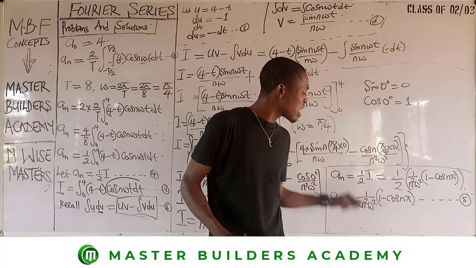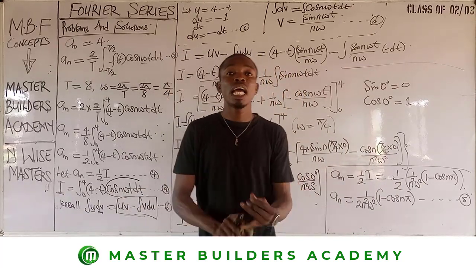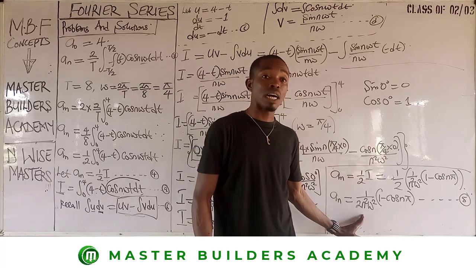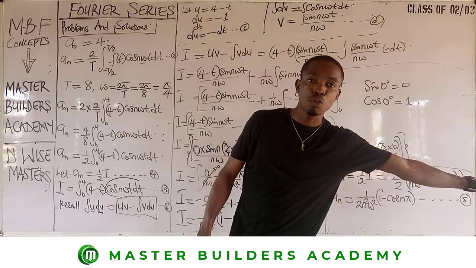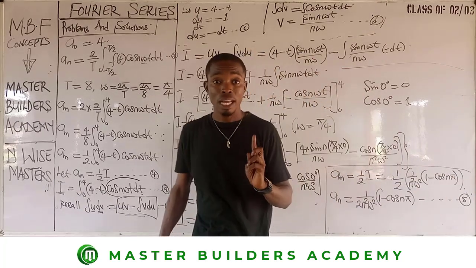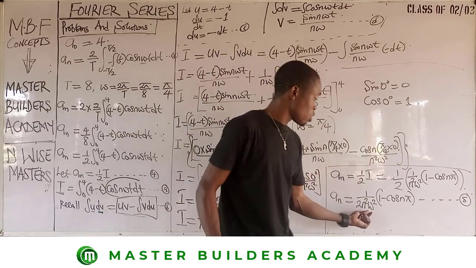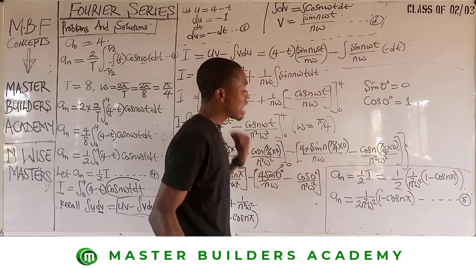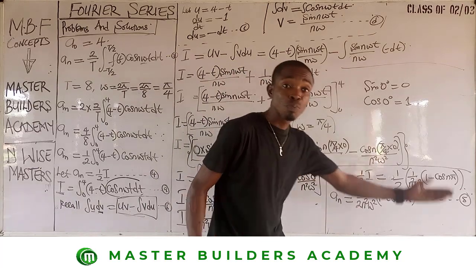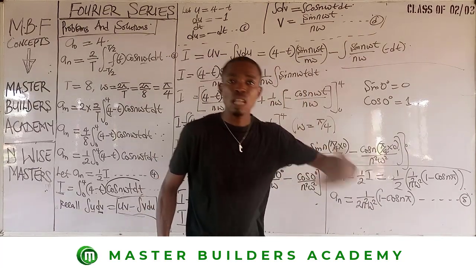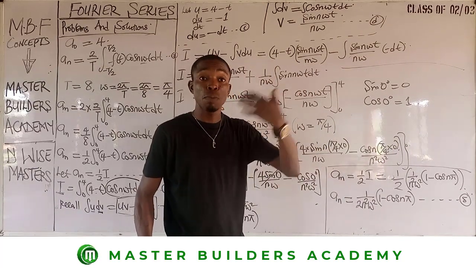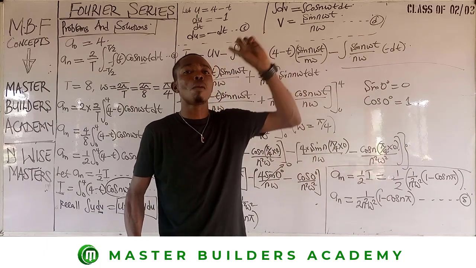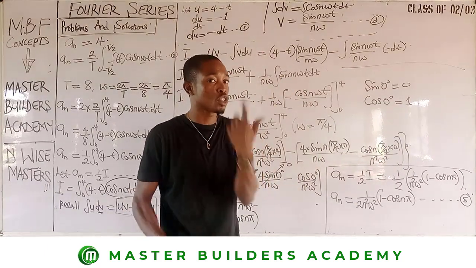All we need to do, having gotten to this level now, is when n is 1, put 1 here, anywhere you see n, put 1, you get the results. A whole number in terms of angular velocity. Anywhere you see n, put 2. Anywhere you see n, put 3. Anywhere you see n, put 4. Anywhere you see n, put 5. Just like that until you obtain the first 5 non-zero values.